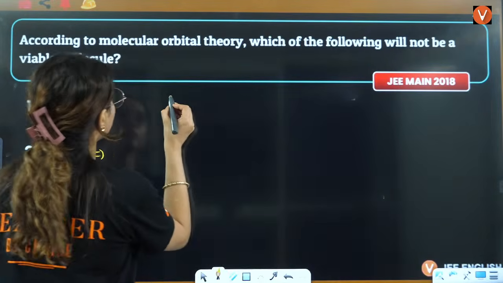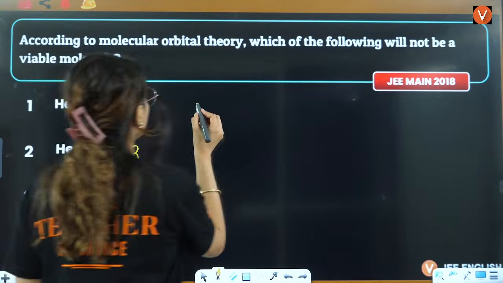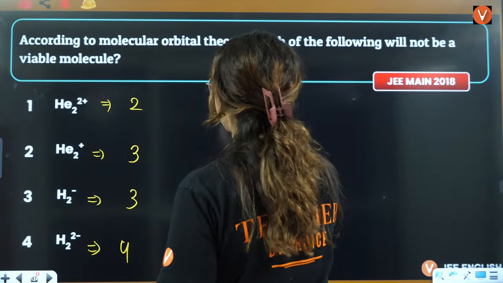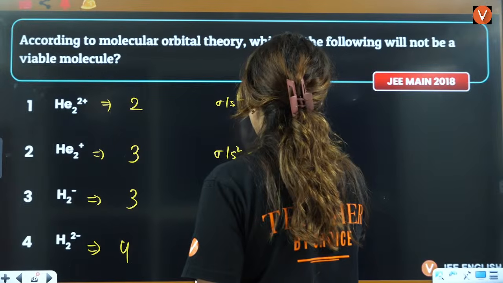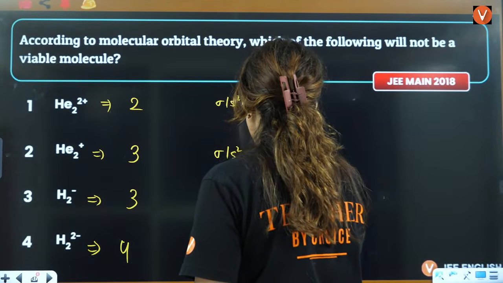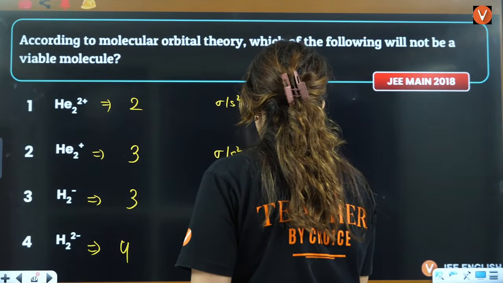How many electrons did we have? 2 here, so it will be sigma 1s2. This will be sigma 1s2, sigma star 1s1. This is sigma 1s2, sigma star 1s2.